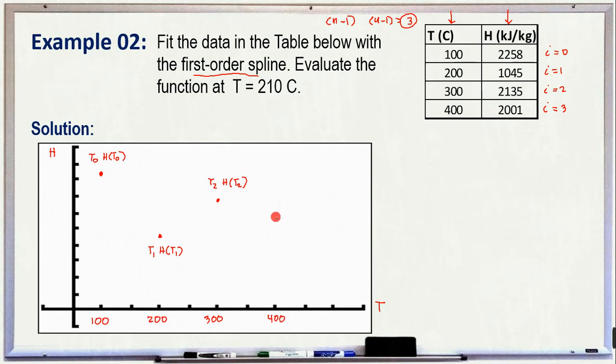So may drop gamay pero wala siya may drop below T1. So naa siya somewhere here. So this is T3, h of T3. So by connecting these data points, mao ni ang linear spline. I-connect nimo siya isunod-sunod, tira og tira.